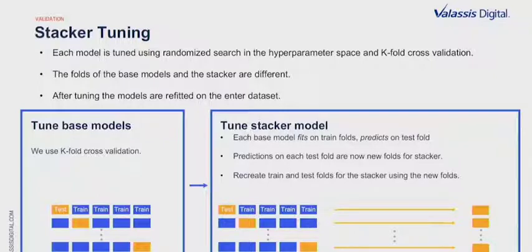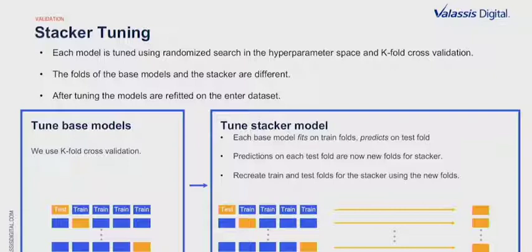After we finish selecting hyperparameters for the base models, when it comes to tuning the stacker, each base model is going to fit on the train folds and predict on the test folds. Those predictions on each test fold are now going to form new folds for the stacker. Then we're going to recreate train and test folds for the stacker using these new folds.